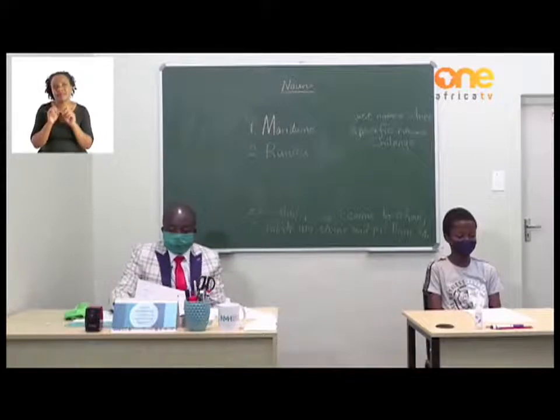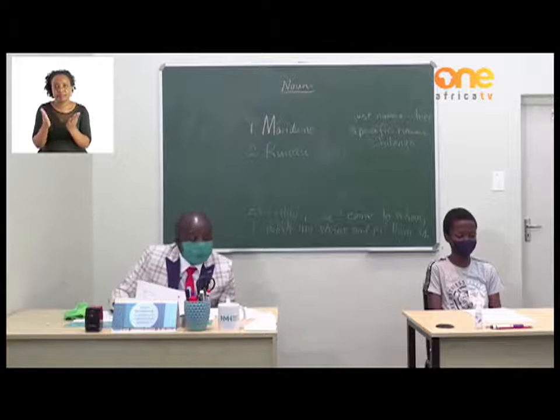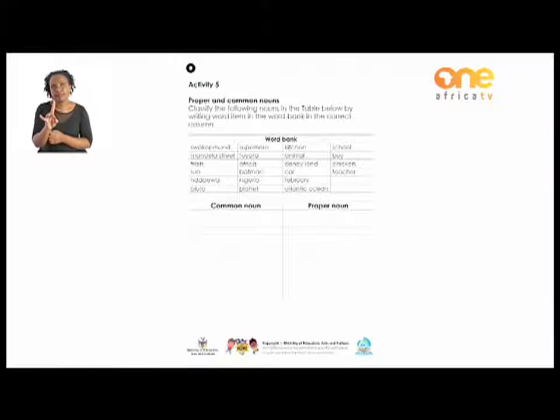Right, let's open on page 8, where we have activity 5. Proper and common nouns. Classify the following nouns in the table below by writing each item in the word bank in the correct column. Let me read again. Classify the following nouns in the table below by writing each item in the word bank in the correct column.